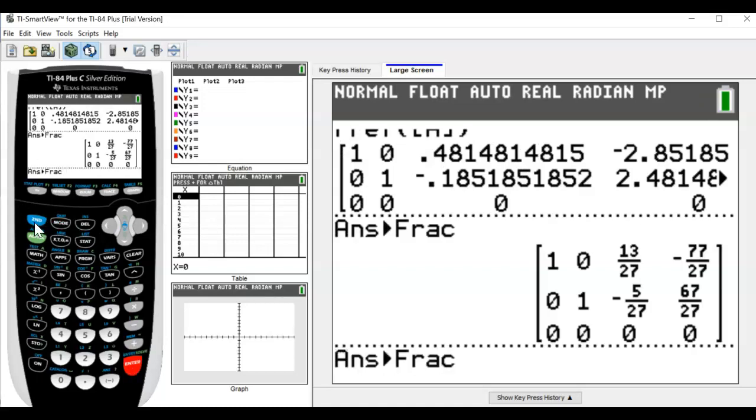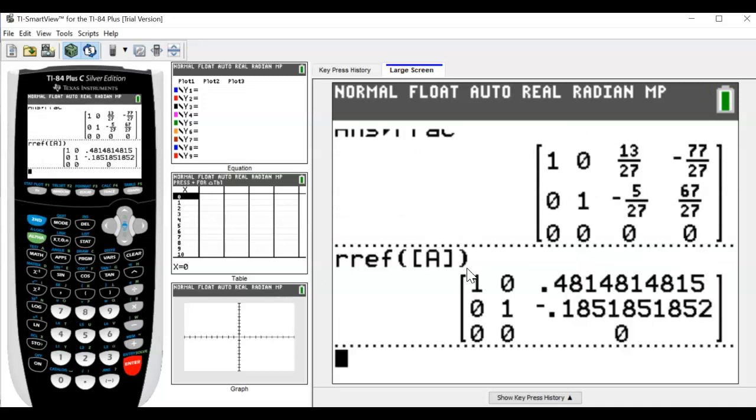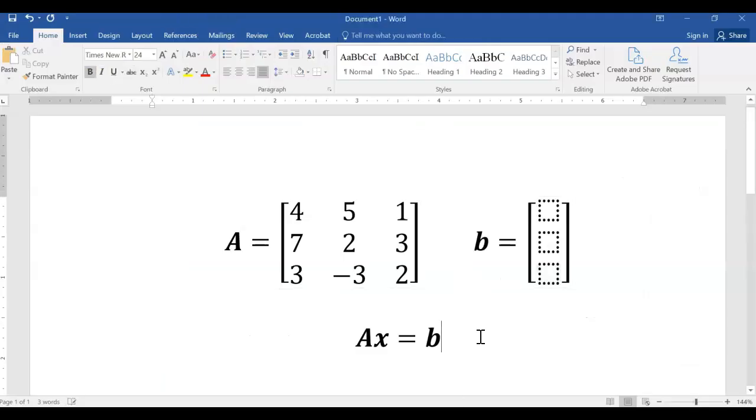So what we do is we go and row reduce A, and notice we get this row of zeros. That means in an augmented matrix, I could have had 0, 0, 0, 1, and therefore no solution.